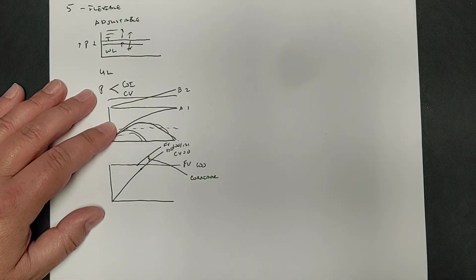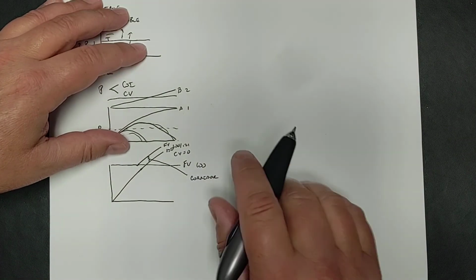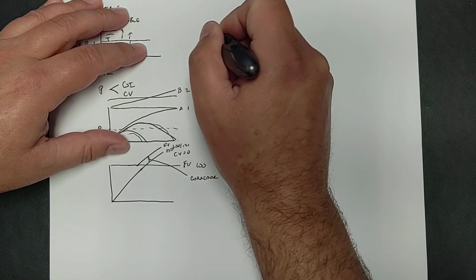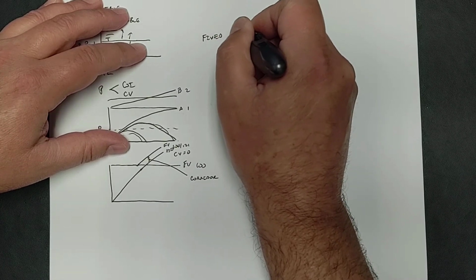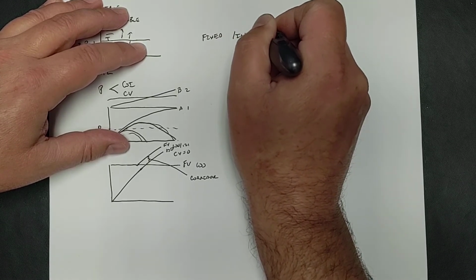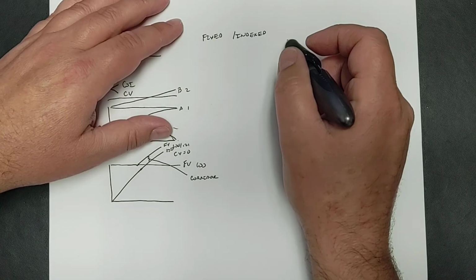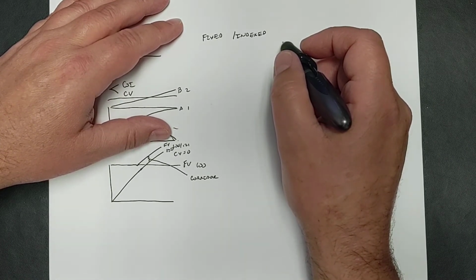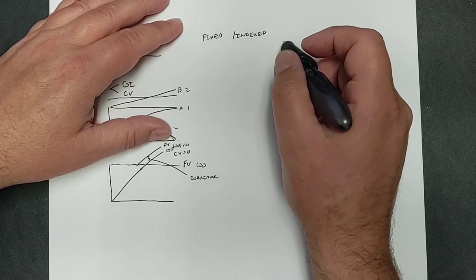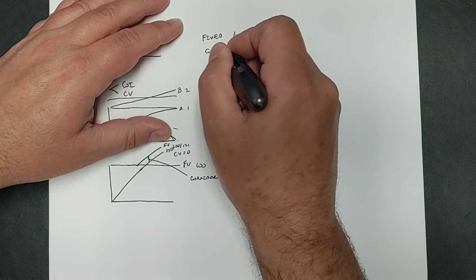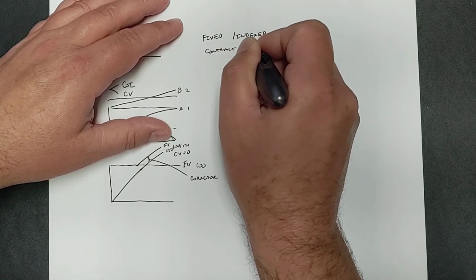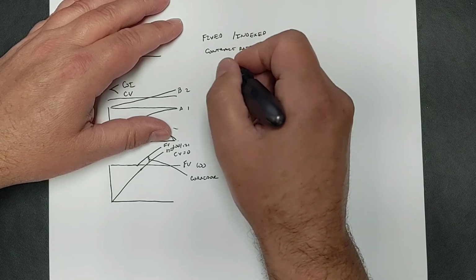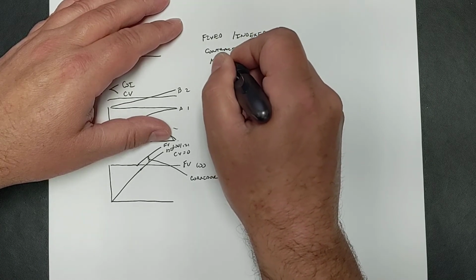So how does cash value grow in a universal life? Well, there's really two ways. There's fixed and there's indexed. Fixed means the interest is declared by the insurance company for that year. There's a minimum it can't go below each year called the contract rate, or sometimes the minimum guaranteed rate.